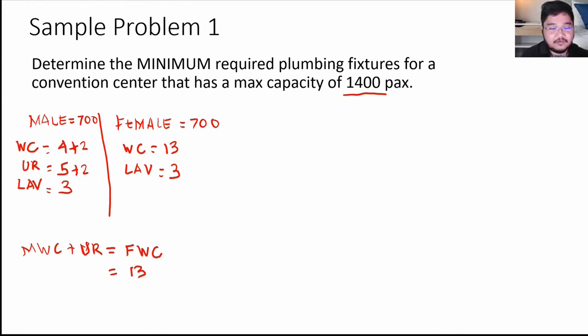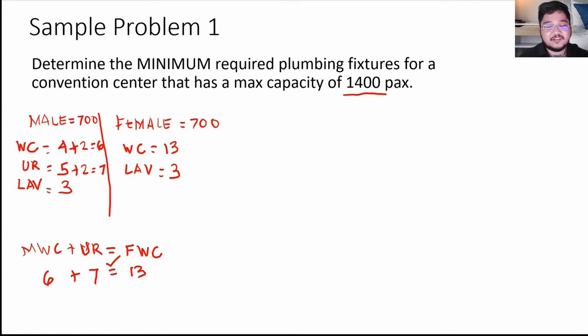So now we are going to plug those values. That's 6 male water closets plus 7 urinals, it's now equal to 13. So the equation is satisfied. So the final tally will now be 6 water closets for the male, and then the urinals will be 7.